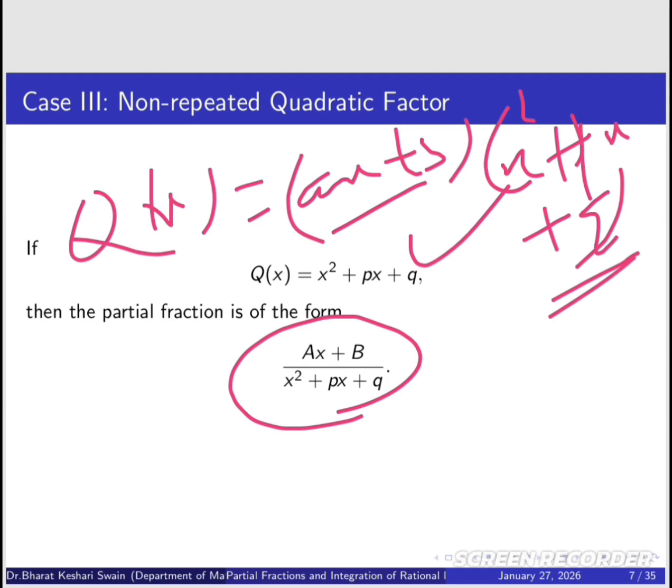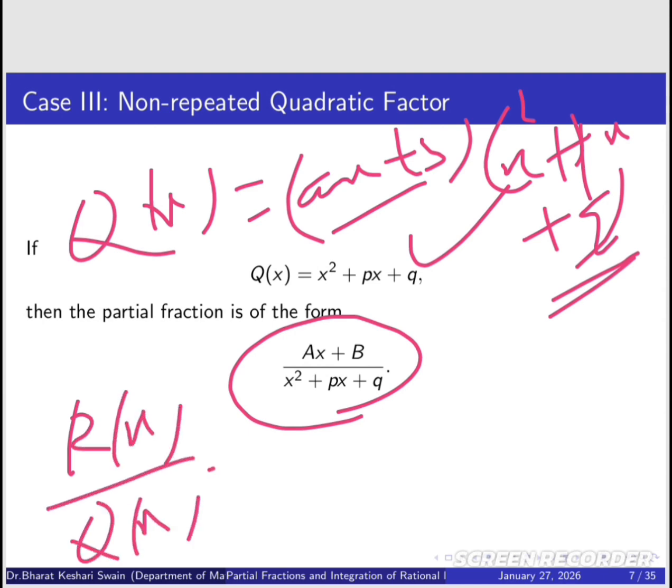Then what should be the decomposition? That means your rx by qx can be written as some constant, because it has a linear factor. So for the linear factor we write a1, so a1 by ax plus b.